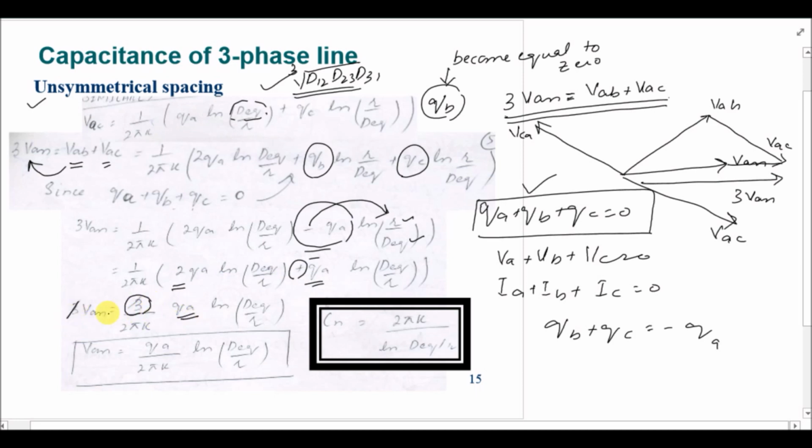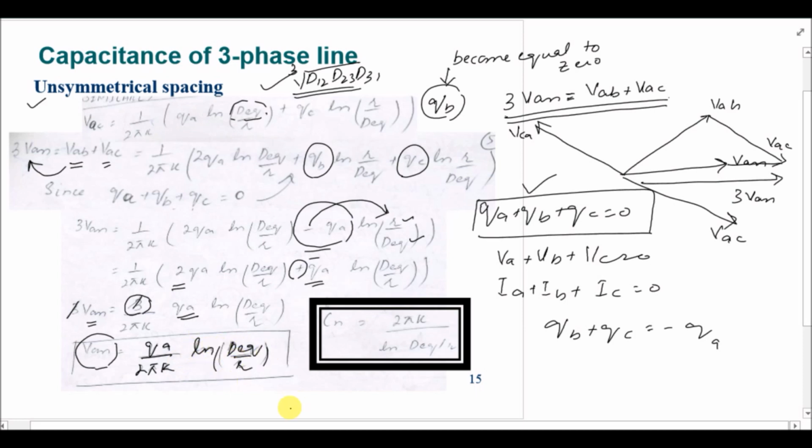And this 3 will cancel out with the 3 of VAN, and the final formula for the line to neutral voltage for phase A is equal to QA over 2 pi K ln D equivalent over R.